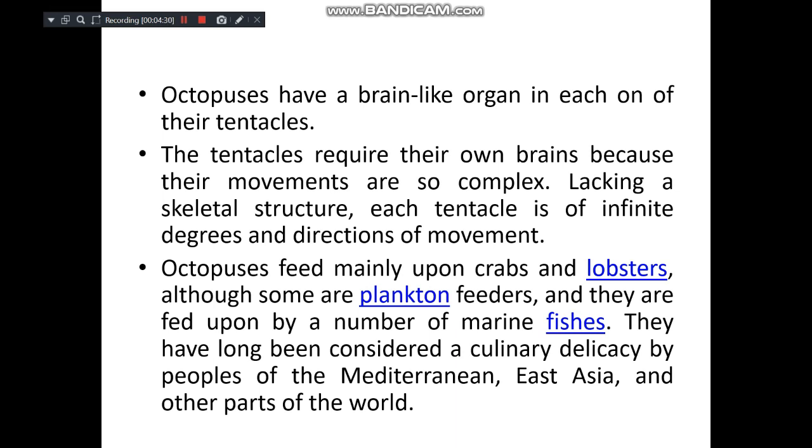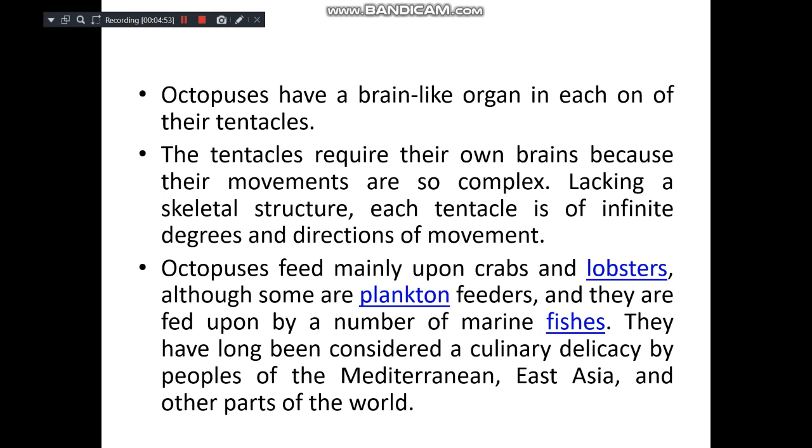Undoubtedly, a well-developed brain is required for the tentacles so that there will be free movement. And there are no bones or skeletal structure or shells.